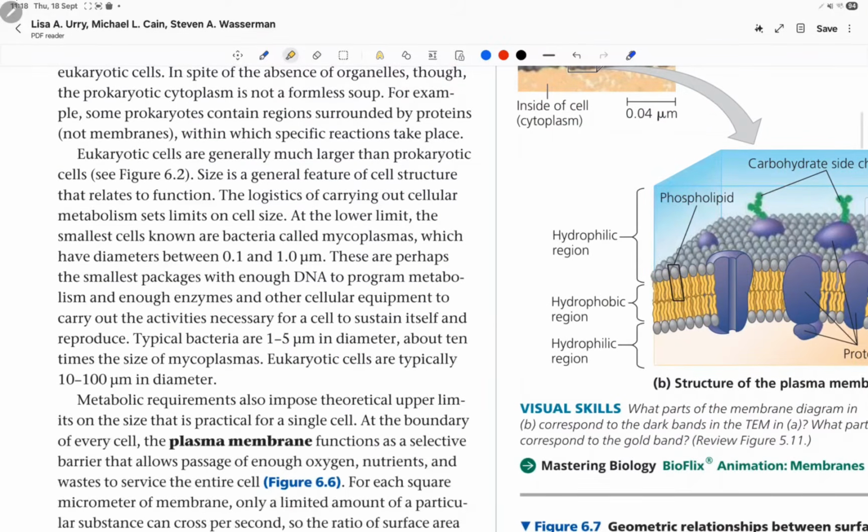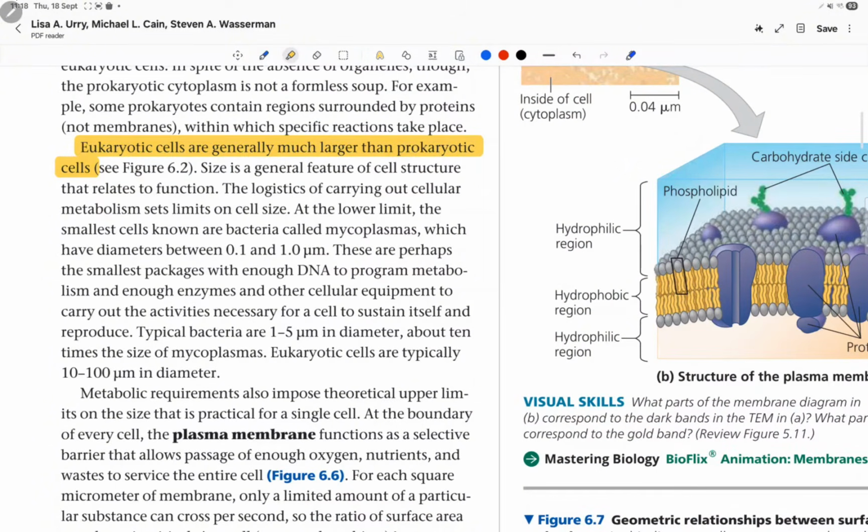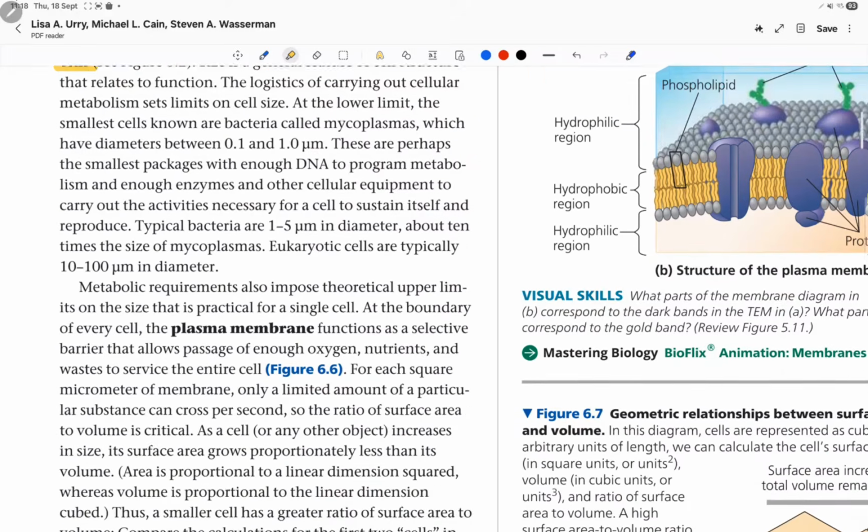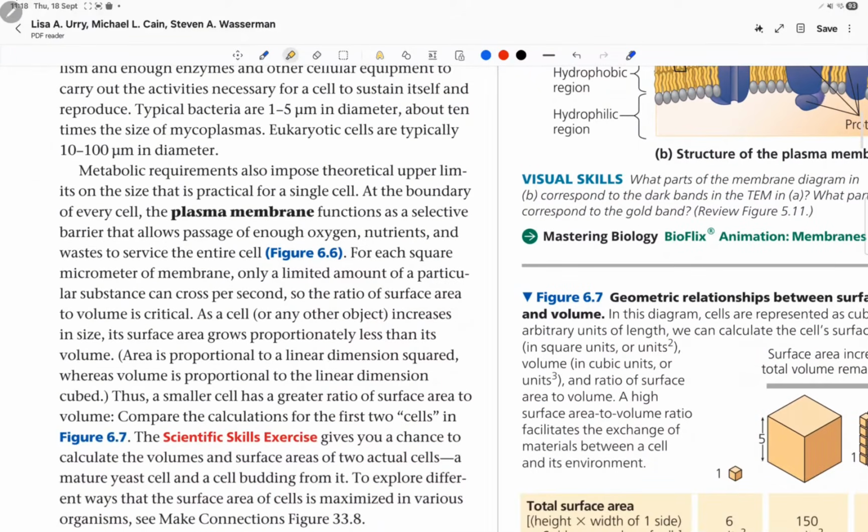So, eukaryotes are going to be larger than prokaryotes, and ultimately, structure determines function, the same thing we mentioned back in the first unit. Okay. So, the plasma membrane has to be selective.